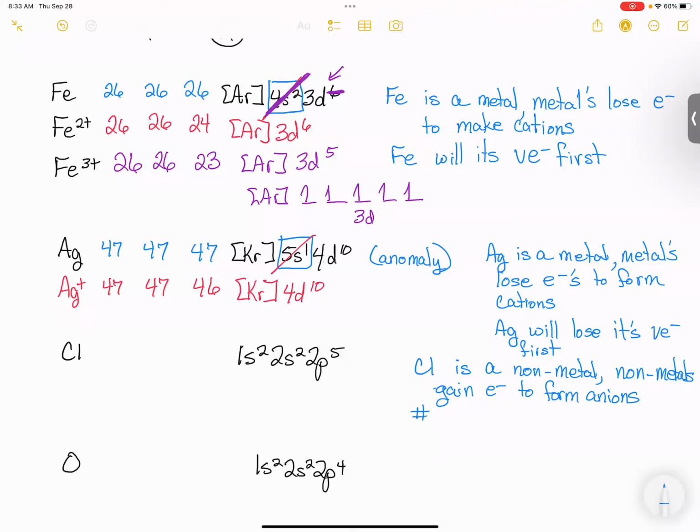The number of electrons gained equals the number needed to have the same number of electrons as the nearest noble gas.